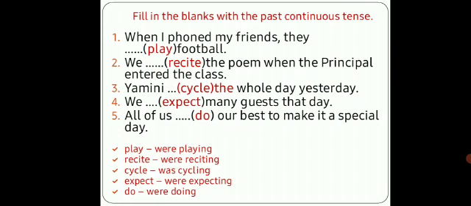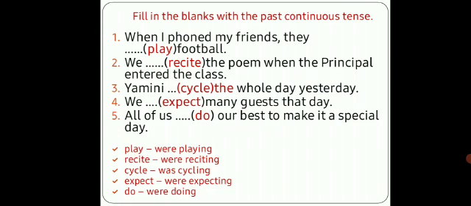The subject, singular or plural. That you have to know. If it is singular, you have to use was. If it is plural, then you have to use were. So here in these sentences, they, we, in the second sentence, both of these are plural subjects. So I will be taking up the plural verb were for this.